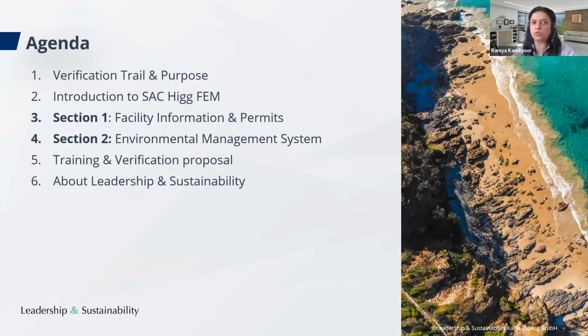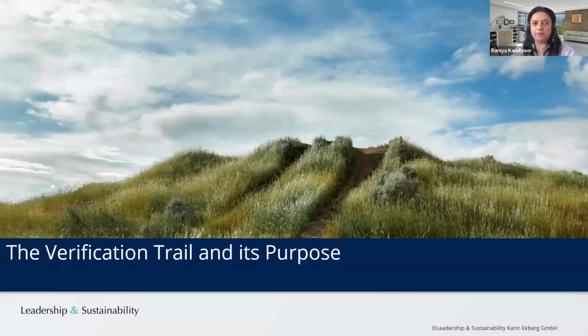Section 1 is on facility info and permits, and section 2 is on the environmental management system. These are the two sections that we will cover in depth in today's webinar. We will also give you a brief about our training and verification proposal, and about Leadership and Sustainability and our entire team. That is the agenda for today, and let us start off with the verification trail and its purpose.